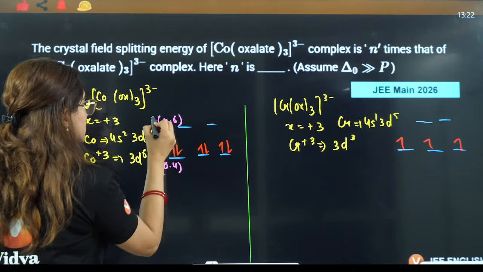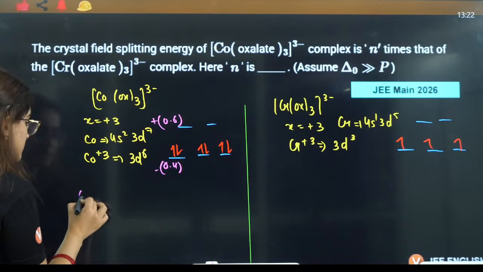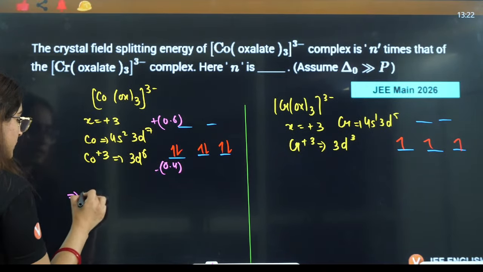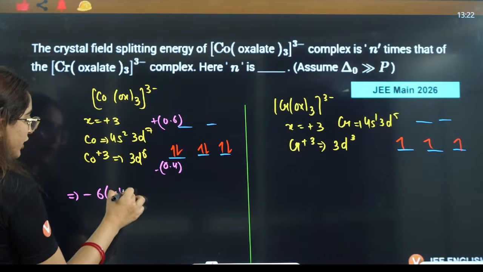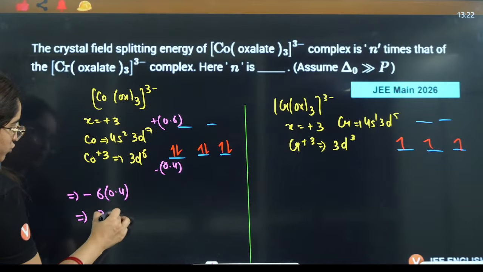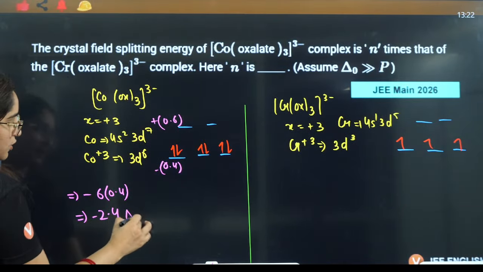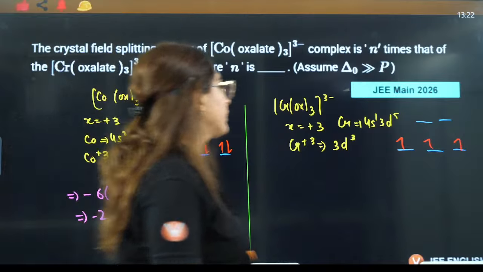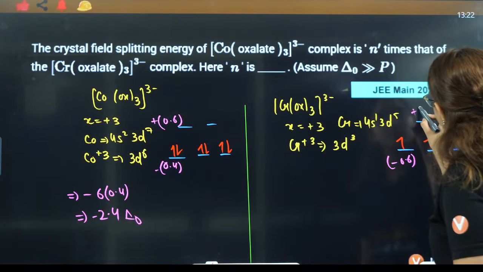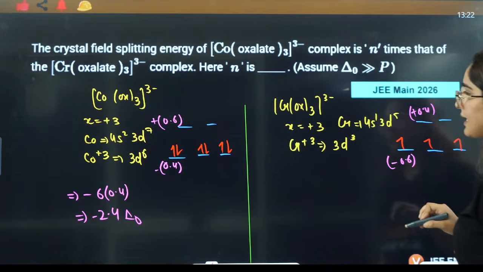This is minus and this is positive. So this is minus of 6 into 0.4, that is 2.4. This much, because eg does not have any electron.